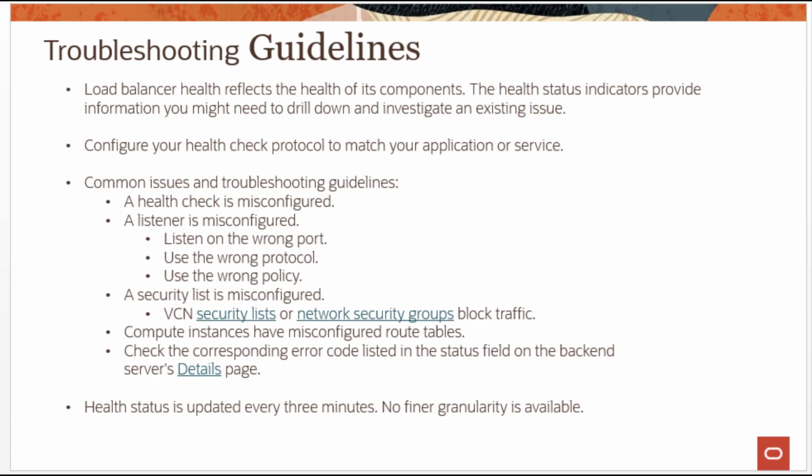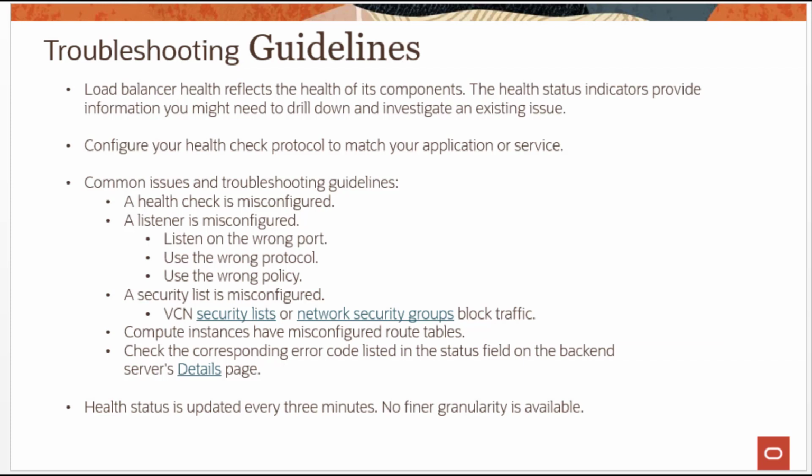So what are some of the common issues and troubleshooting guidelines? If you are seeing some concerning status on the console or UI, maybe your compute instances have a misconfigured route table, or you have a misconfigured listener, for example, listening on the wrong port or the wrong protocol.